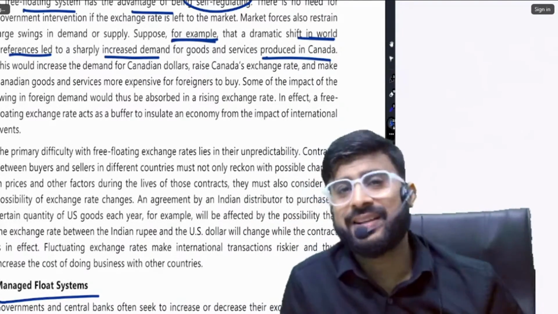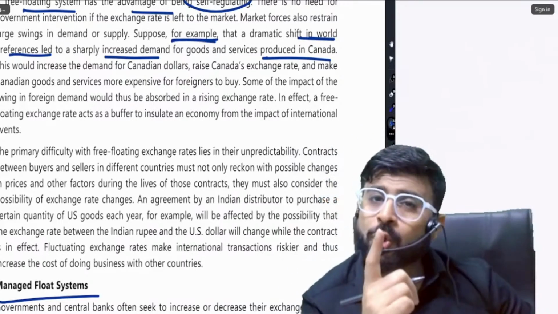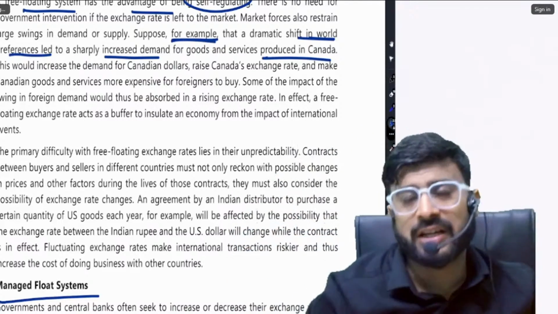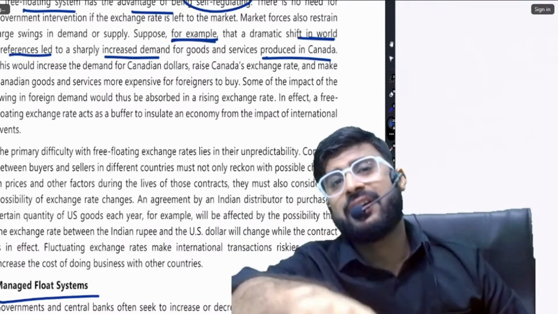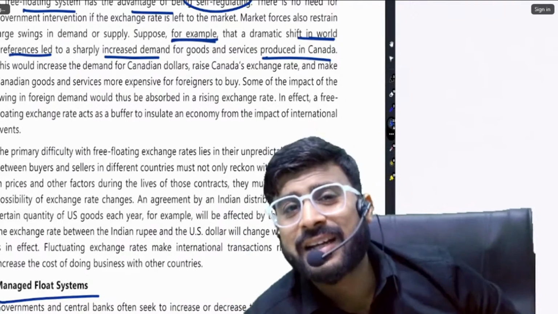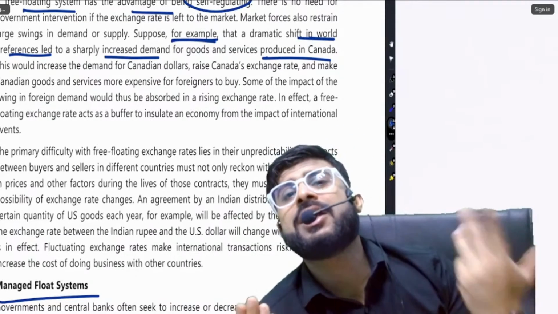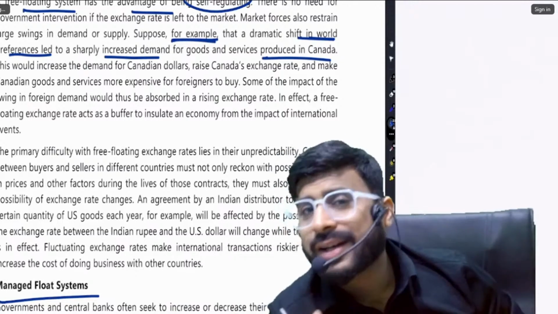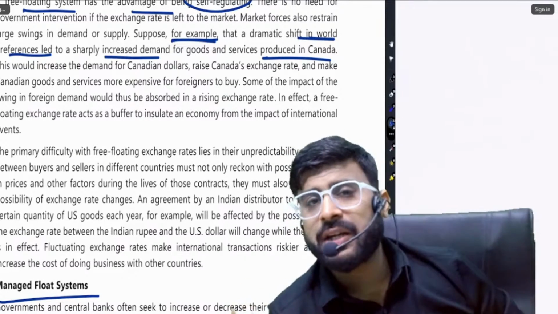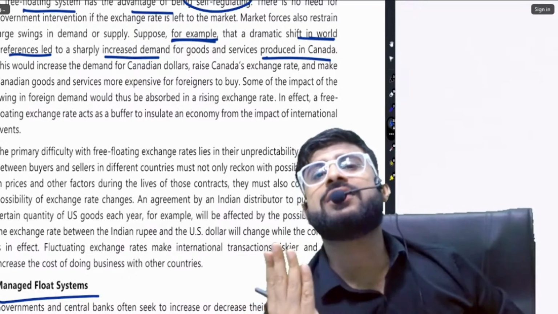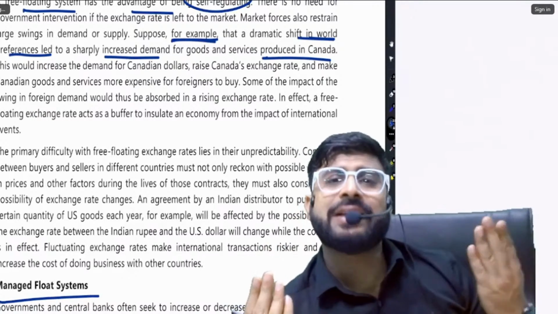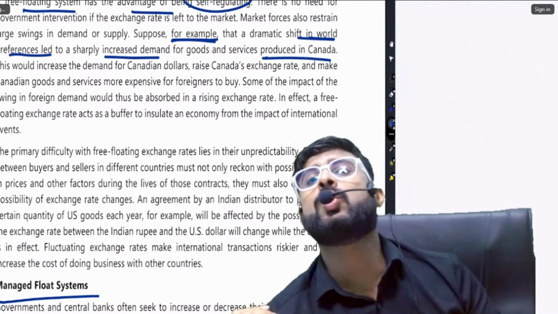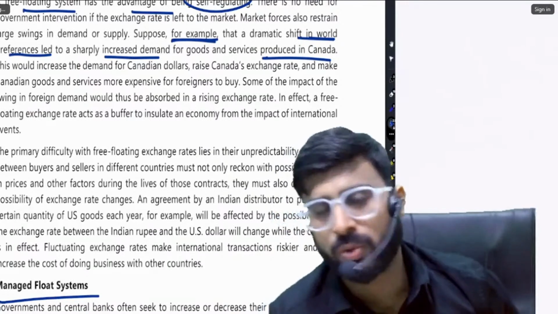Yes, sir, it will rise. So the value of Canadian currency will rise, because if demand rises, then the value is also going to rise. I repeat, if the demand for a currency rises, then the price of that currency is also going to rise. Yes or no?